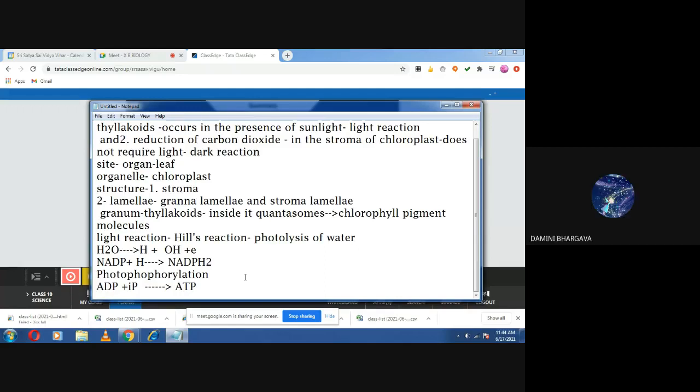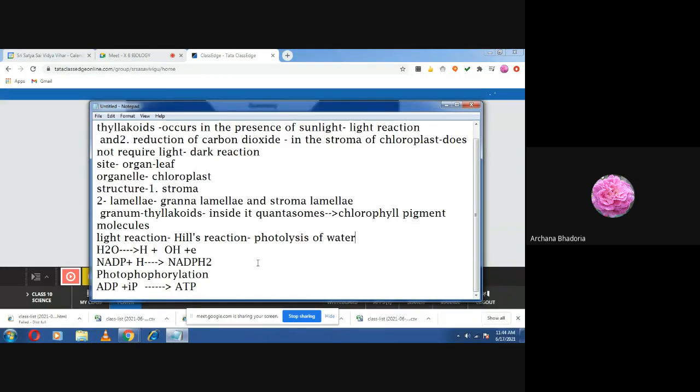And what is important for the secondary reaction? The two molecules. अभी अपन को लाइट रिएक्शन का प्रोडक्ट क्या हो गया? लाइट रिएक्शन में क्या दो चीज हमको मिली? ATP and NADPH2. Very good. Okay, we got NADPH2 and ATP.